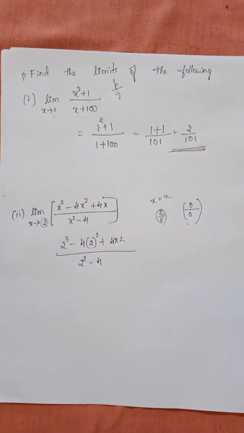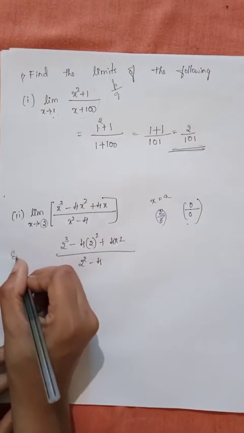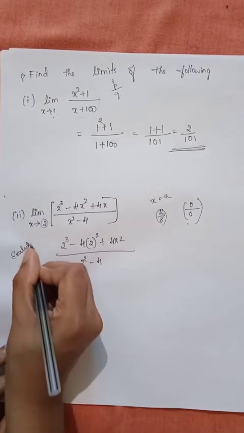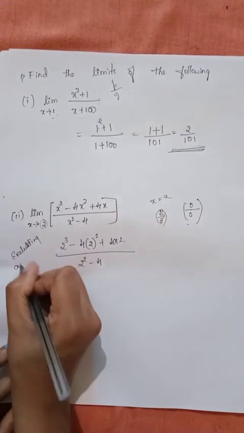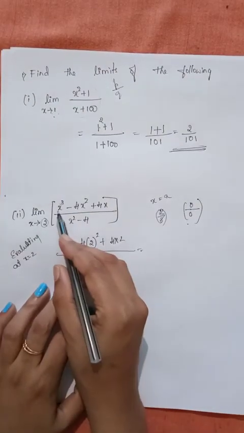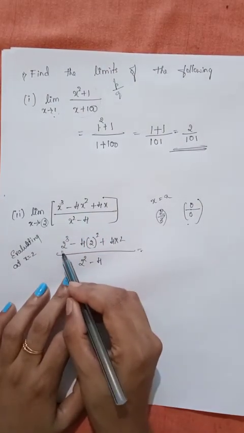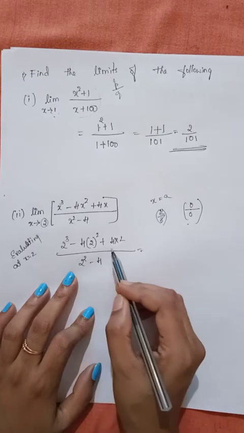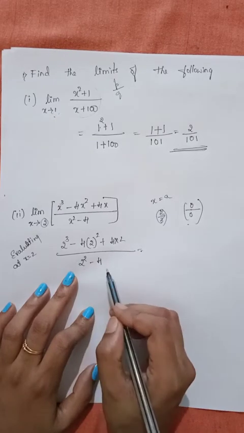When you put x is equal to 2, that is evaluating at x is equal to 2. Wherever you have x, replace it by 2. So it is 2 cube minus 4 into 2 square plus 4 into 2 divided by 2 square minus 4.